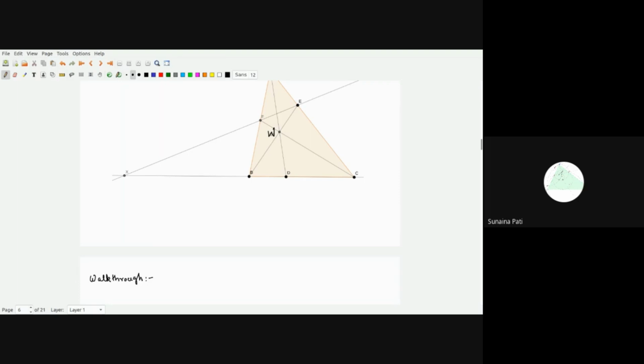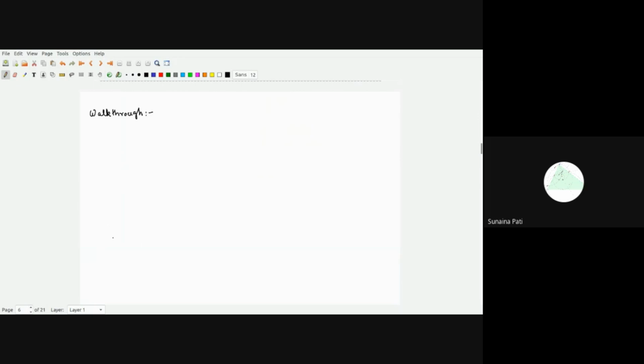I don't know why it's not getting copied. Let's see.